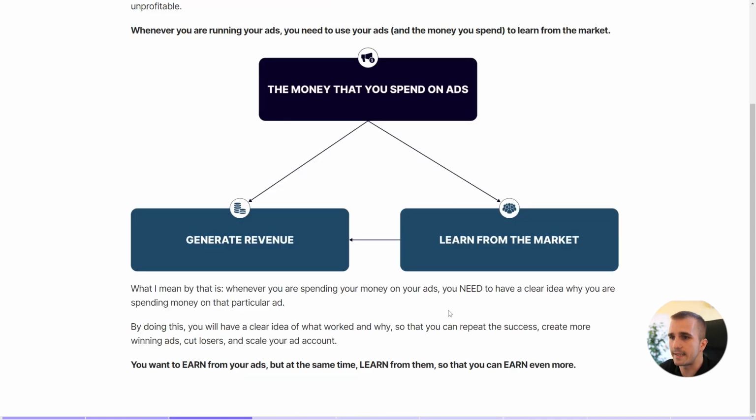So what I mean by that is that whenever you are spending your money on ads, you need to have a clear idea why you are spending money on that particular ad. And this is very important. By doing this, you will have a clear idea on what worked and why, so you can repeat the success, create more winning ads, cut losers, and scale your ad account.